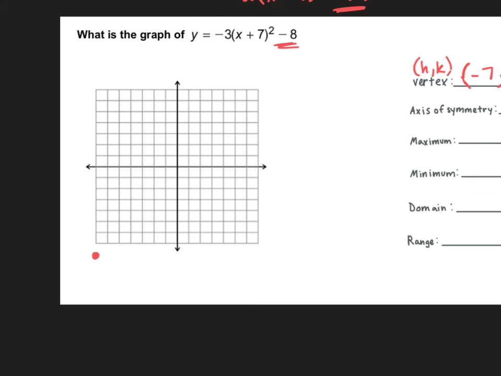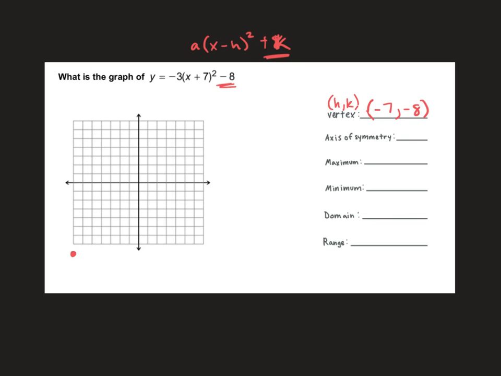What's our axis of symmetry? Daniel. So our axis of symmetry is x is equal to h. What's our h? Negative 7. So x is equal to negative 7.